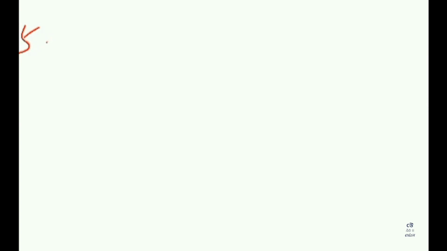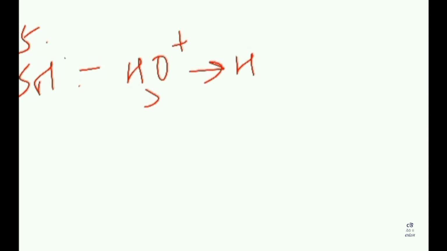Question 5 says, how is the concentration of hydronium ion affected when a solution of acid is diluted? So students, you have to remember that hydronium ion is basically formed when water combines with H plus ion.